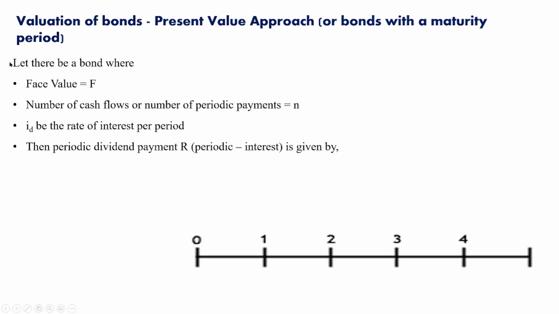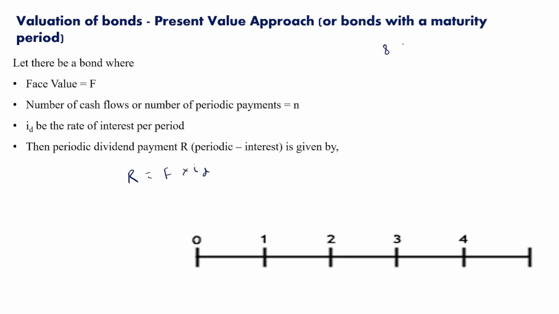Now we will see how to get the formula for the fair price of the bond or the purchase price of the bond. So let there be a bond where the face value is F and the number of cash flows or number of periodic payments is N, and I_D is the rate of interest per period. Then the periodic dividend payment or the periodic interest R is given by R is equal to face value into I_D.